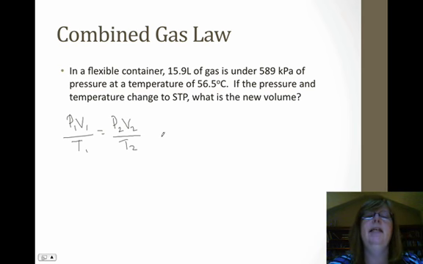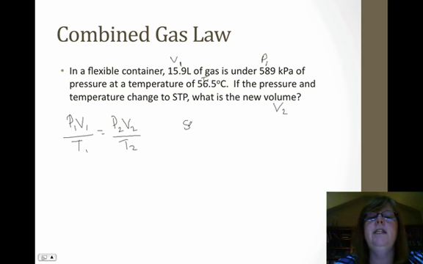All right, guys, let's try a combined gas law. Now, we have a flexible container, and our volume is 15.9 liters to start with. This pressure is in kilopascals, so that's our P1, and here is our T1. So those all go together. Then the pressure changes to STP, and they would like to know the new volume.